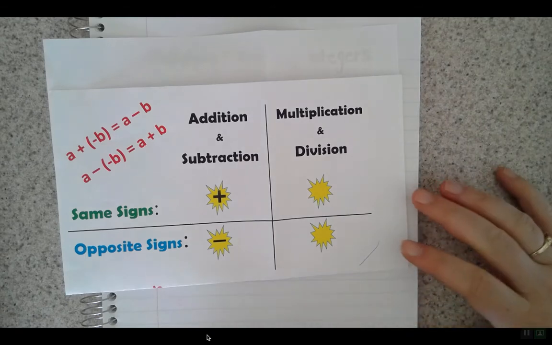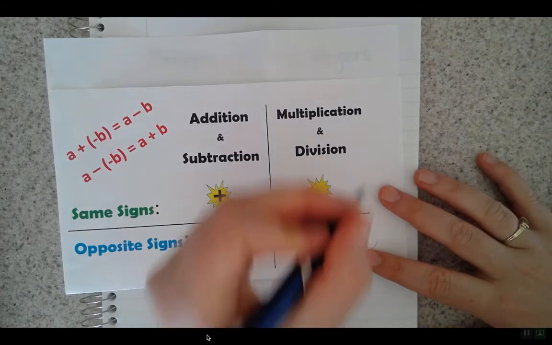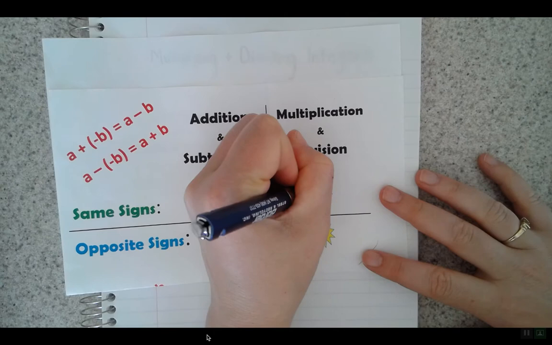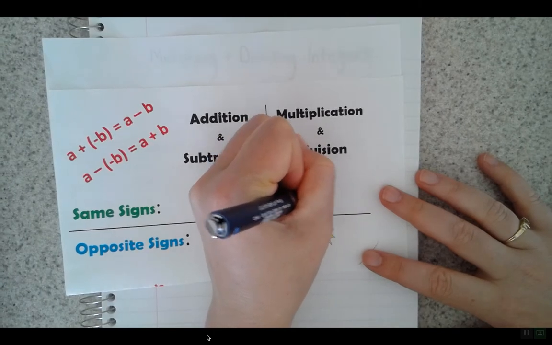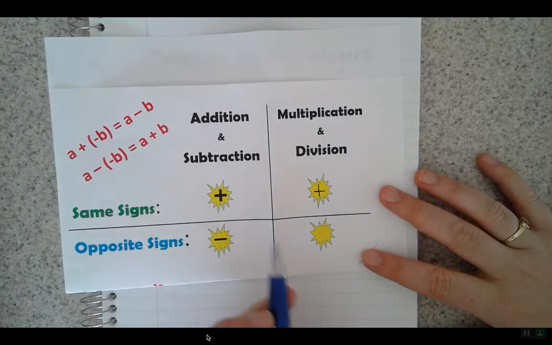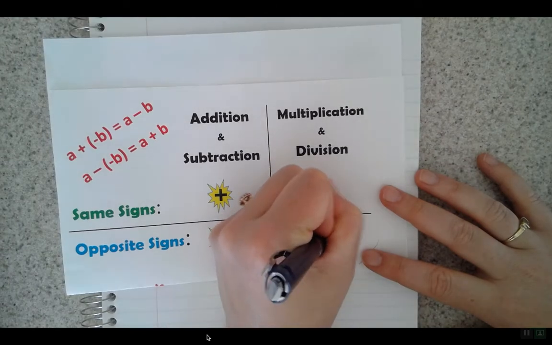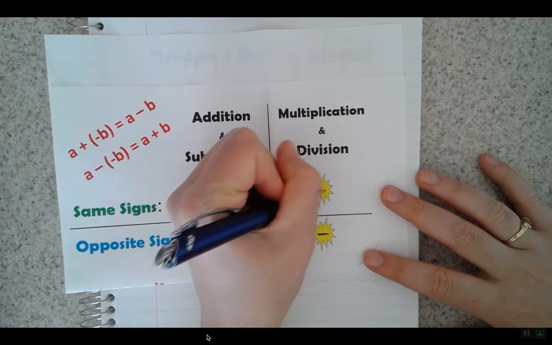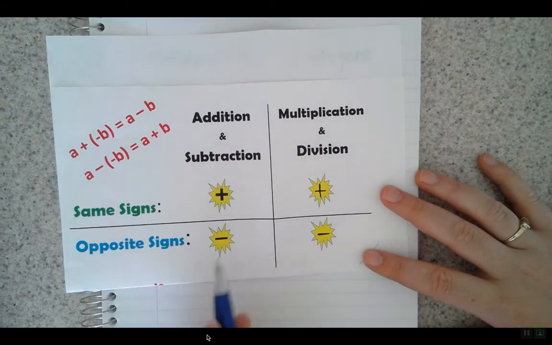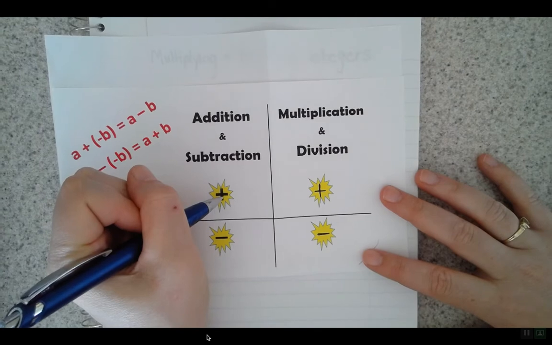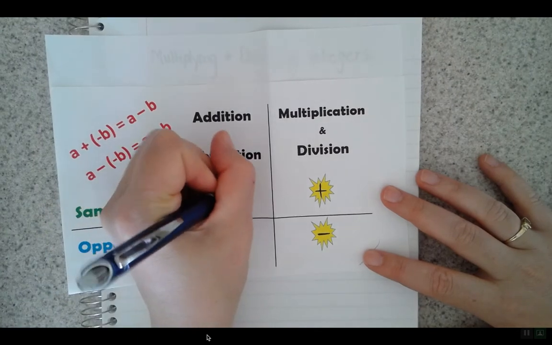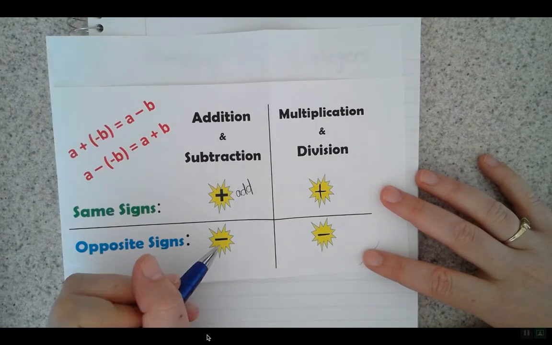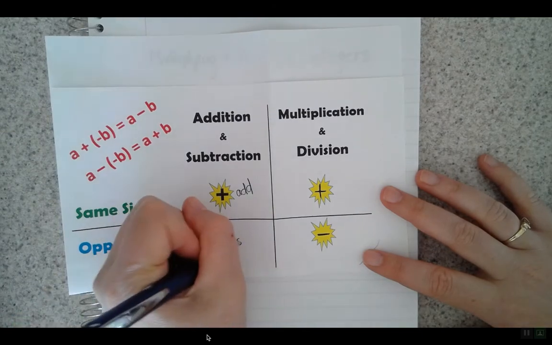Now, the multiplication and division rules are going to involve the same symbols. Plus, same as plus here, minus symbols. Okay, but the meaning of these symbols is going to be a bit different than what it meant before. Over here, the plus symbol meant add, and this symbol meant subtract.